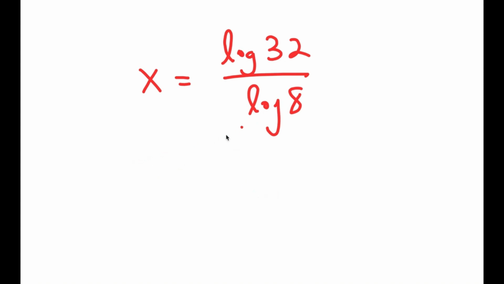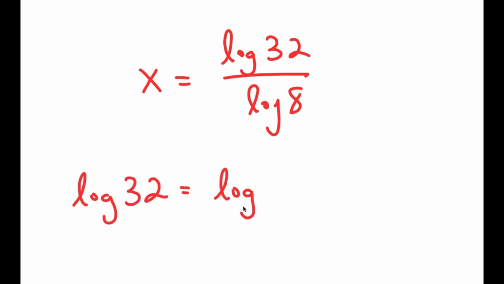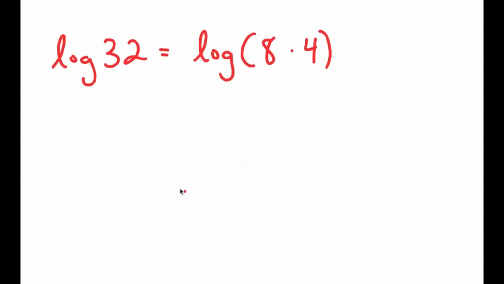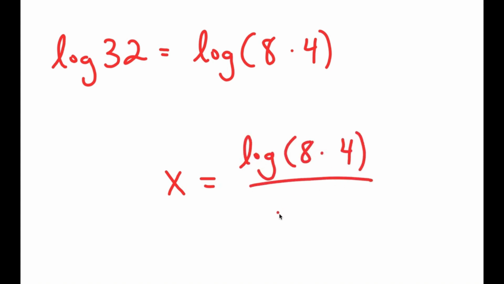Now, log of 32 is the same thing as log of 8 times 4. So I get log of 8 times 4 over log of 8.